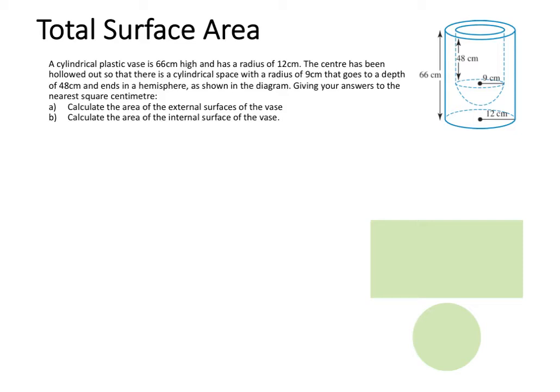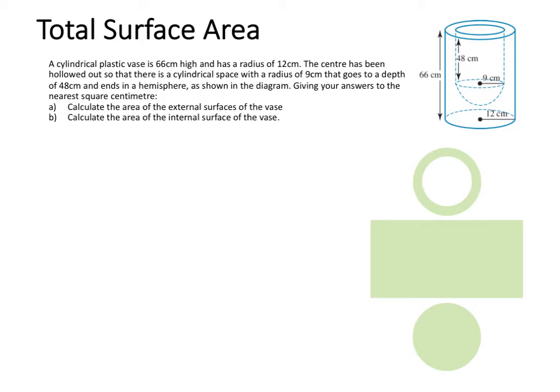And the top is again a circular top. So we're going to add in our circular top. But this time, it is not a complete circular top because it has the hollowed out part in the middle. So we need to add in another circle that hollows out part of our circular top. So now we have the net for the external surface area of our vase.